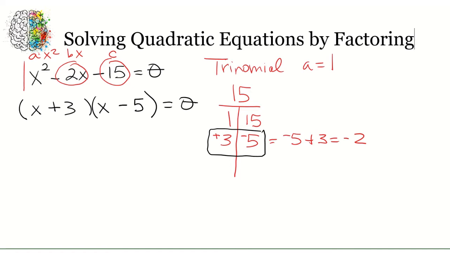Now I can double check that using the FOIL method to make sure that those are correct. So if I take x times x, that's going to give me x squared.